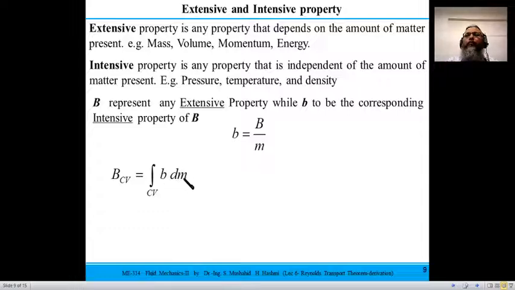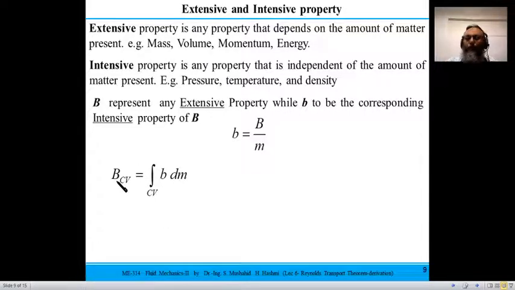For this differential volume, if you multiply b with its differential mass, you get the differential extensive quantity. And if all these small masses bunch up together, you get the total extensive quantity of the control volume.